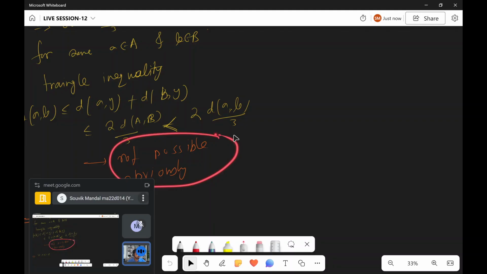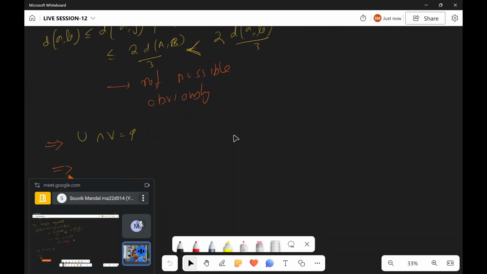This situation is obviously not possible. So U intersection V is empty. This is the argument, and it implies that metric spaces are normal.